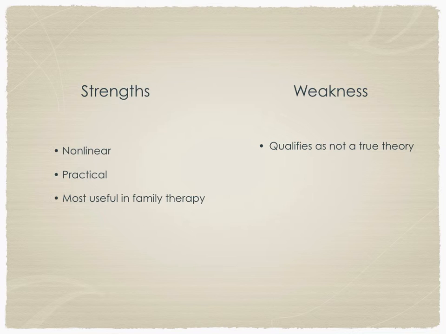A weakness for this theory is it qualifies as not a true theory, because they say it's more like a flow chart for easier understanding. Basically, you just put whatever situation the family's in into this box and that box, and you just go with it rather than actually getting depth of what is going on. You're just kind of putting it in a box and going. Another weakness is that it's too general, which means it doesn't account for all the different distinctions within a family.